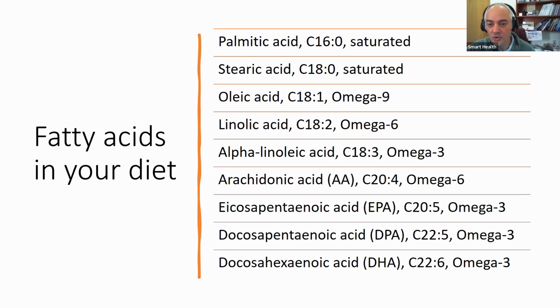There are those that we call saturated fatty acids. Maybe you can see it on the labels of your food items. There will be saturated, monounsaturated, or polyunsaturated. Okay, what does this mean? These are just different fatty acids. The saturated ones, like palmitic acid and stearic acid, are still fat molecules. Then there is oleic acid, which is what we call omega-9.